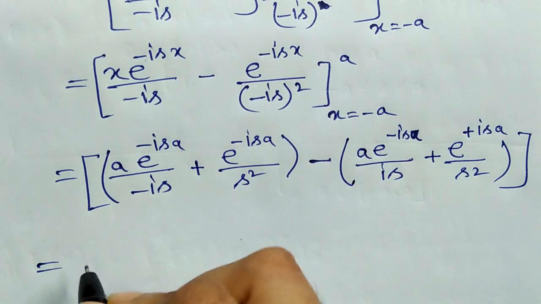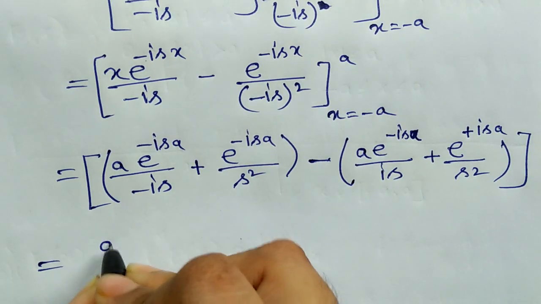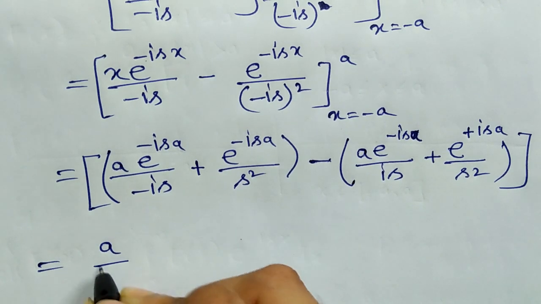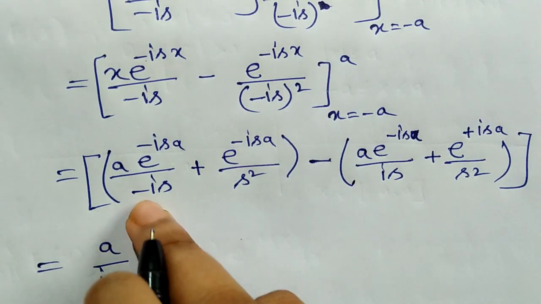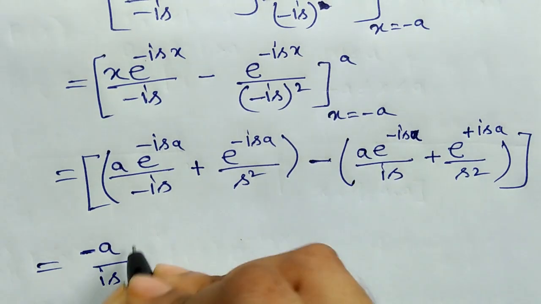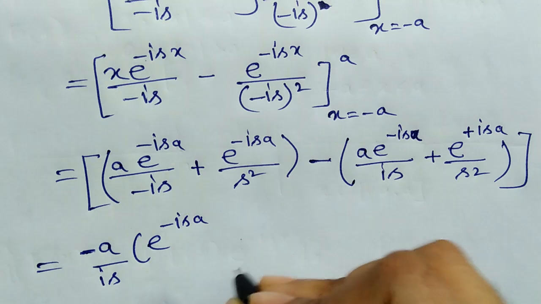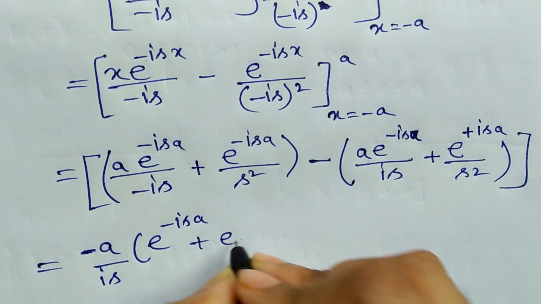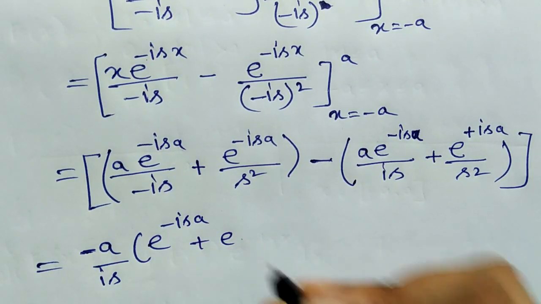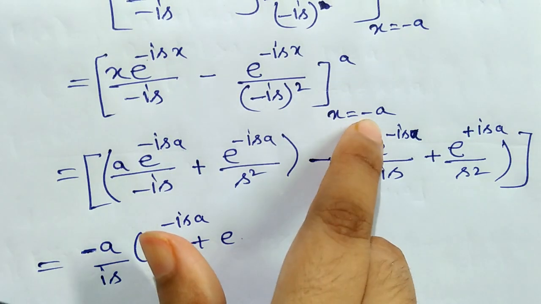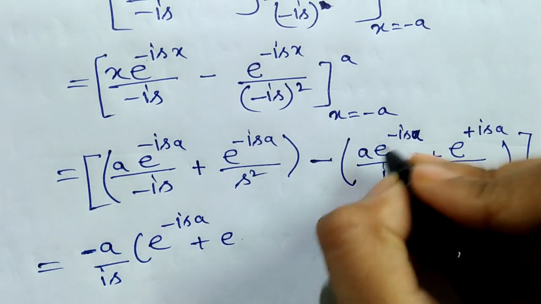So we are writing in this way: a by is, minus minus, so minus, then e to the power minus isa plus e to the power, okay, for minus a this will be plus a, sorry.